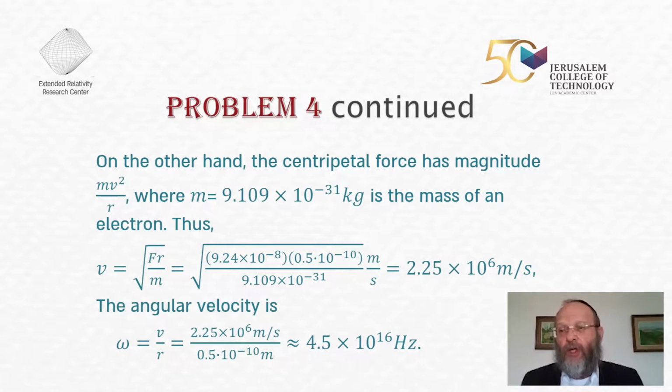But if you take a look at the acceleration, you'll see it is extremely high. The force was about 9 times 10 to the power minus 8, and the mass of the electron is 9 times 10 to the power minus 31. You divide this, the 9 cancels, and the acceleration is 10 to the power 31 minus 8, which is 10 to the power 23 meters per second squared.